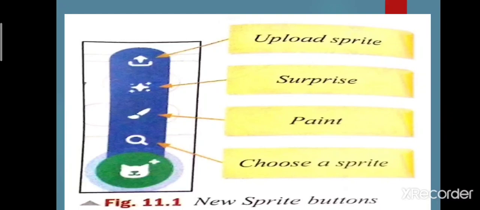So you are able to paint whatever color you like. Then you can see a magnifying glass which is used for choosing a sprite. So the new sprite buttons are composed of four buttons, and what are they? Choose a sprite, paint, surprise, and upload sprite.